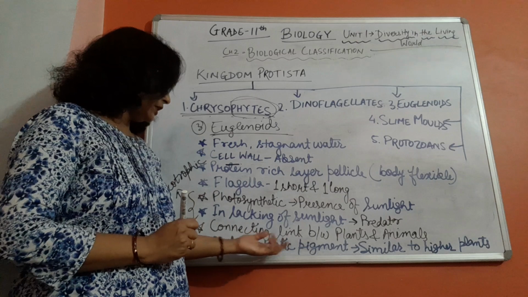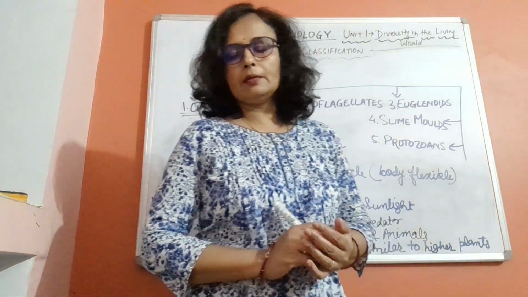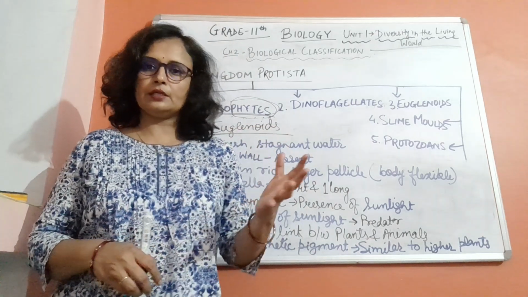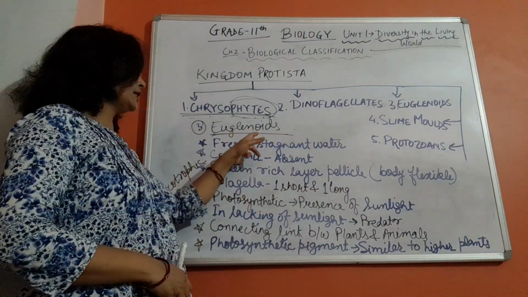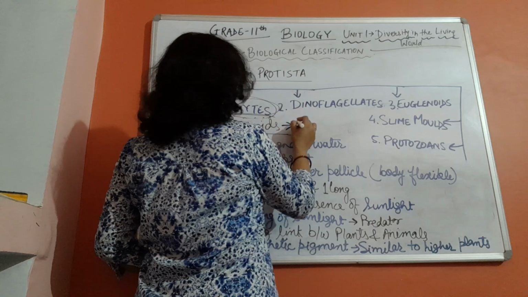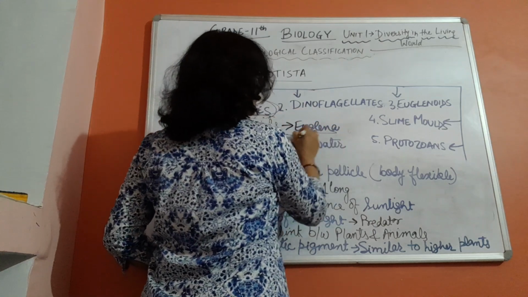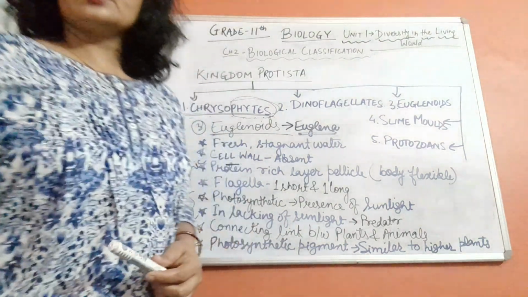Such photosynthetic pigments are similar to those of higher plants. The same pigment found in higher plants is found in euglenoids as well. The example of this category is Euglena. Now next is slime molds.